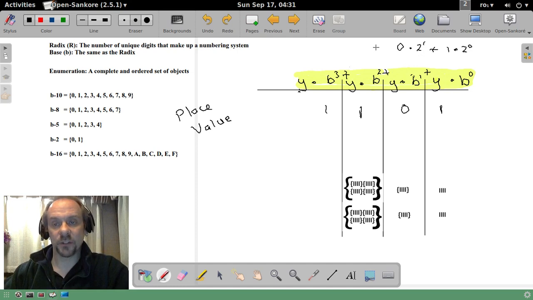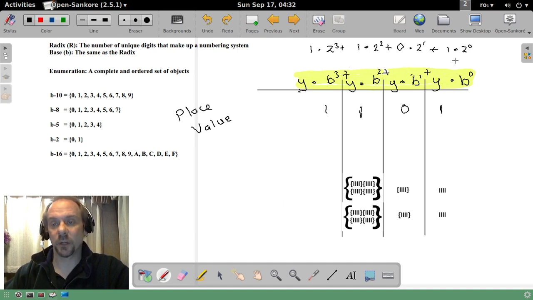Here we have 2 to the second, which is 4. 1 times 2 to the second, 1 times 4 is 4. Here we have 2 to the third, which is 8. And we have 1 here, so we have 1 times 8, which is 8.